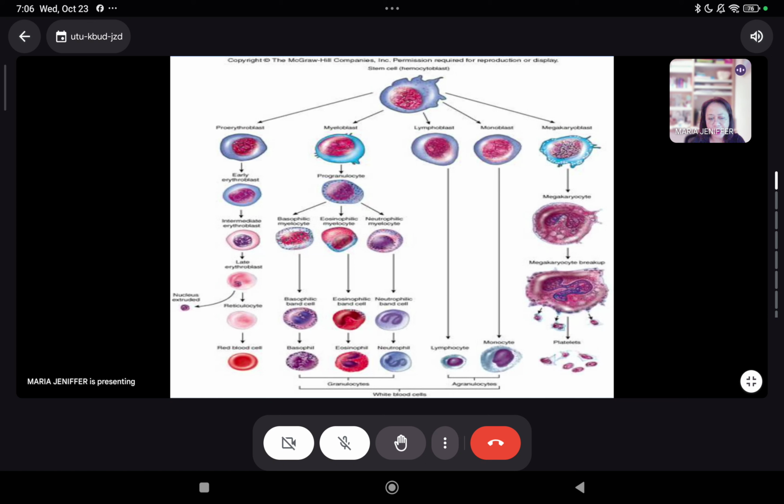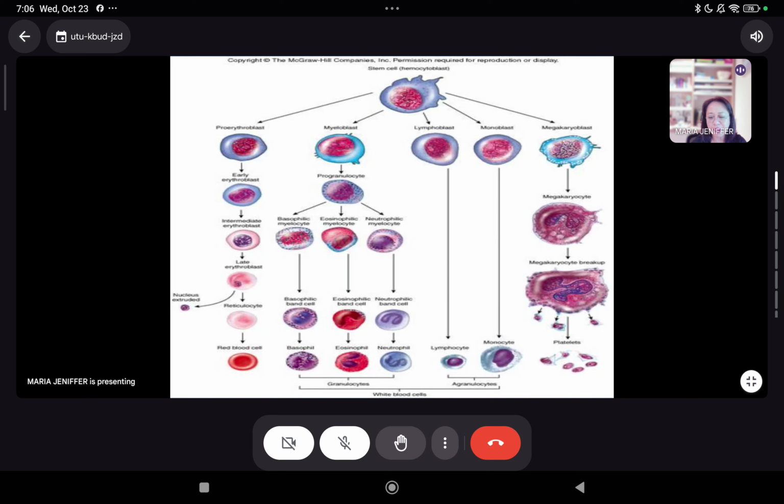So we have the granulocytes, granular leukocytes or white blood cells, and we have agranulocytes, those that do not contain granules. There are three granulocytes, the white blood cells that contain granules: the basophil, the eosinophil, and the neutrophil.